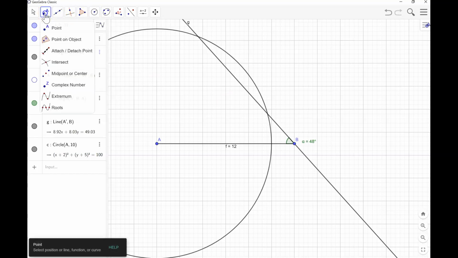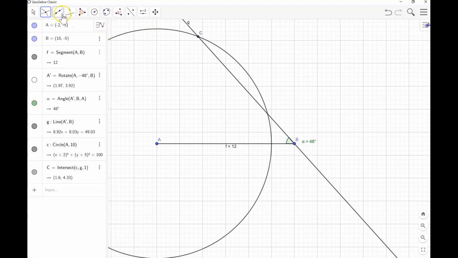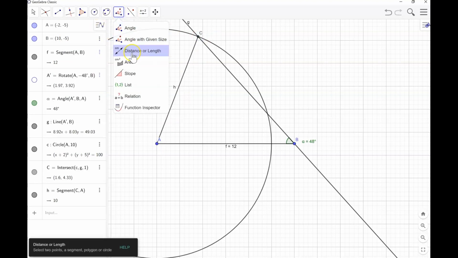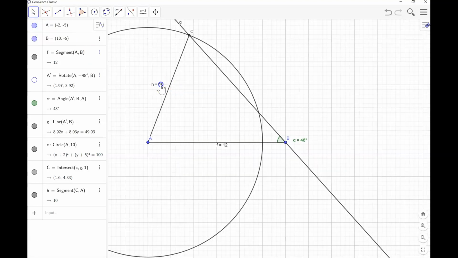So what that's really saying is, if I take this point here, point C, and make a triangle, that triangle ABC has a side length 10, a side length 12, and then a 48-degree angle.